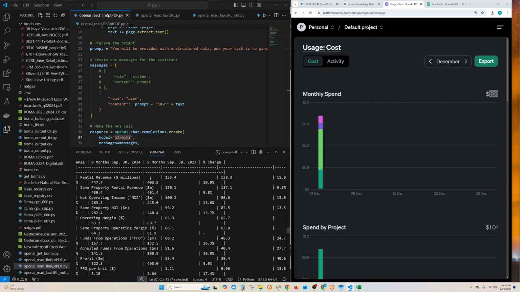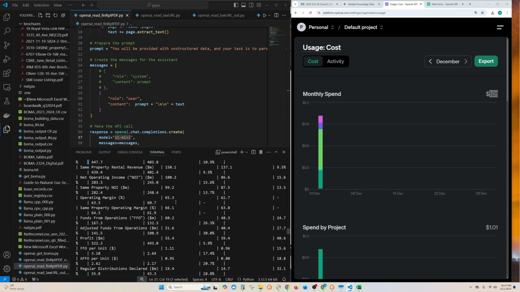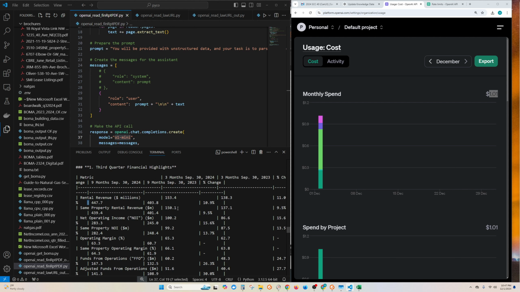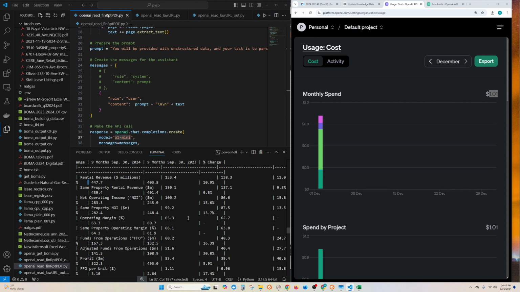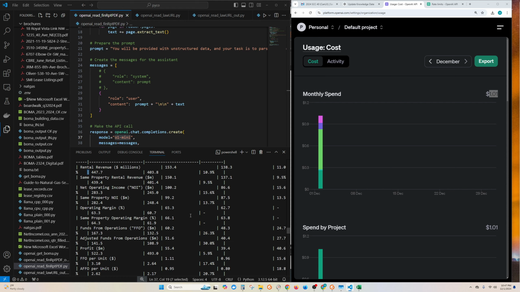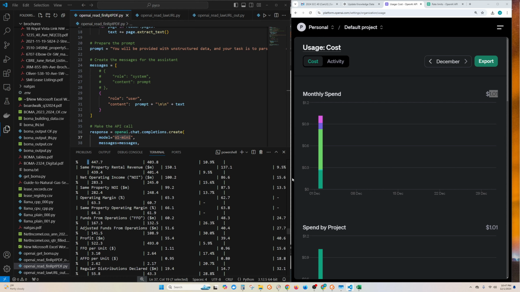I asked for CSV format. Now, what I got here are pipe separated values, right? I got actual tables. This is how terminals generate tables. So what the GPT has done is it has generated tables for the terminal.